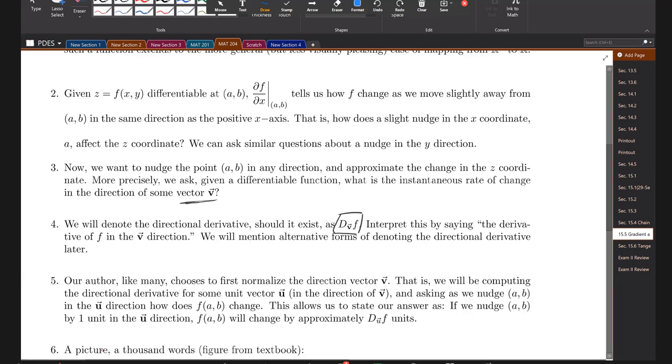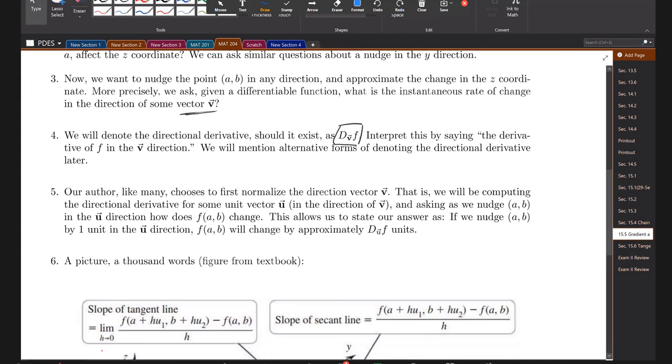There are different notations for this. This is the notation that our author uses. The way you interpret that is, how does f change as we step in the direction of the vector v? Before we go any further, the author does this, and most authors do this in order to make the proofs easier.